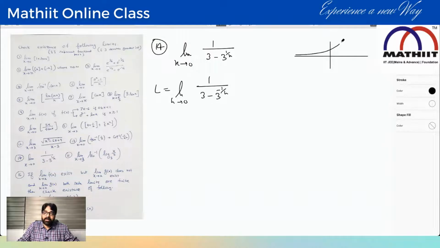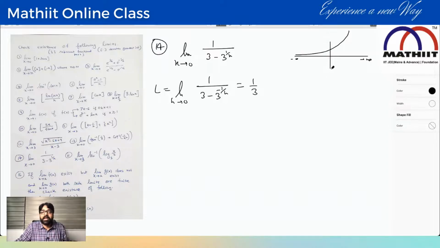A power x graph when a is greater than 1. So when x approaches minus infinity, 3 power x approaches 0. And when x approaches plus infinity, 3 power x also approaches infinity. So 1 by h will approach infinity, so minus 1 by h approaches minus infinity. So this is 3 power minus infinity, near to 0. So answer will be 1 by 3.